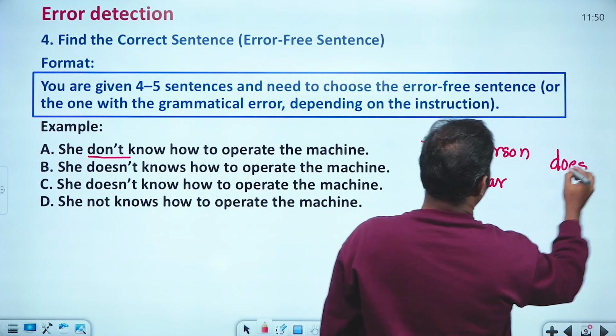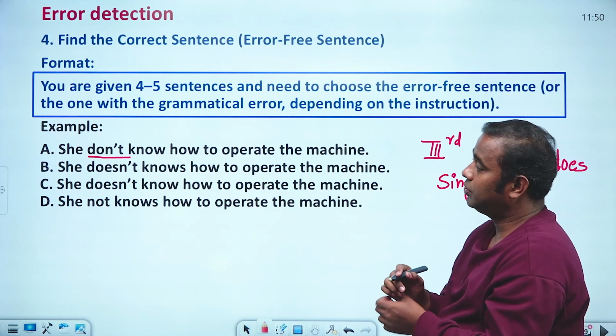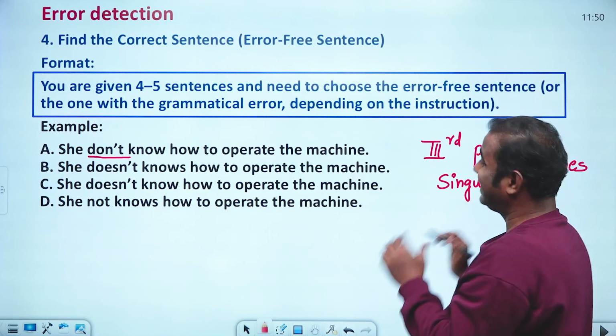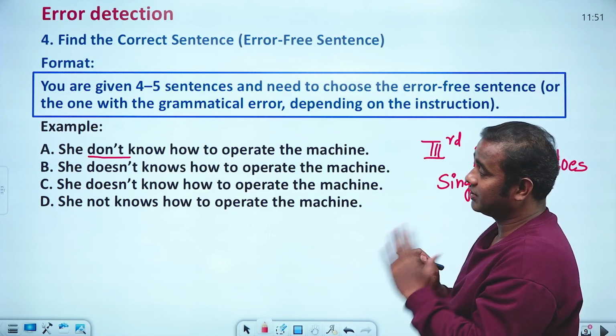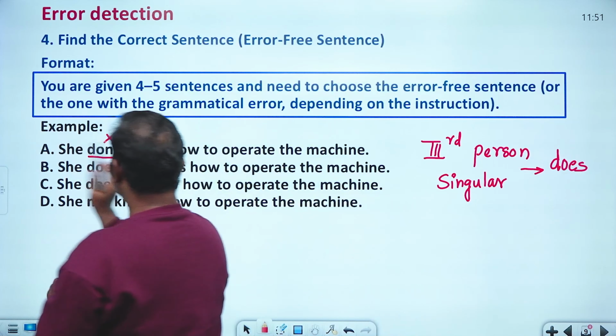It does. For the rest of the things, as I said just before, "does" is the right one. So she does, she does it or does not. So "don't" is not a right answer. So A is not a right answer.